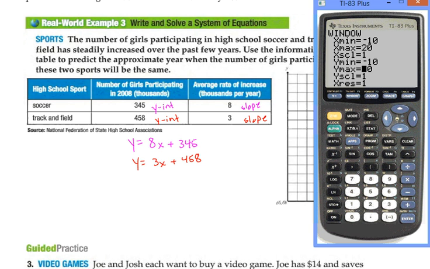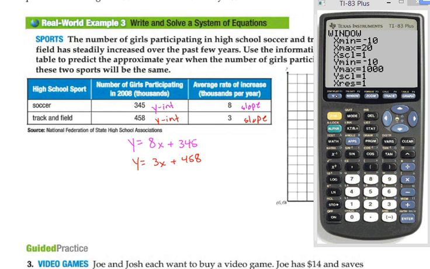Definitely bigger than 10. So what are we going to change it to? Well, we know it's going to be increased more than that. So we don't want to set it at 458 because we know it's going to be bigger than that. So why don't we go big and set it at 1,000? Again, keep that negative 10 just as a cushion. All right, with that in mind, we do have our window set up, which you do need to keep in mind when you're dealing with story problems with numbers this big.